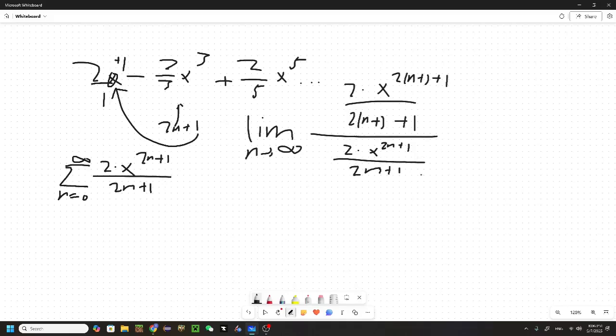Okay, so we can definitely simplify this. I'm not going to write the limit again because that's annoying. I think this simplifies to 2 times x^(2n) times x cubed, and then we can bring this up here, 2n plus 1, no factorials or anything, just like that.